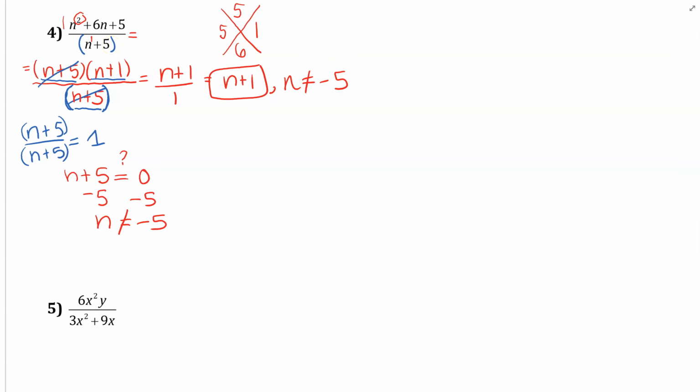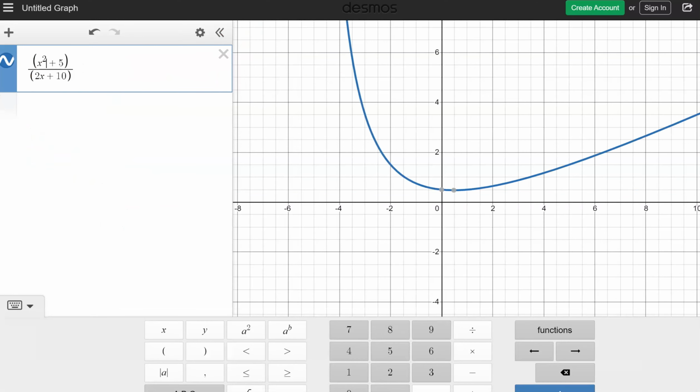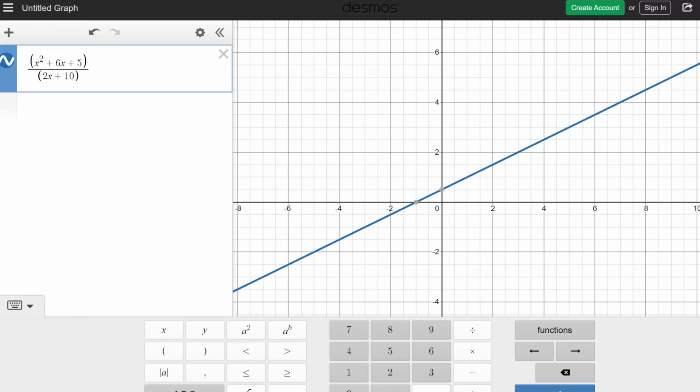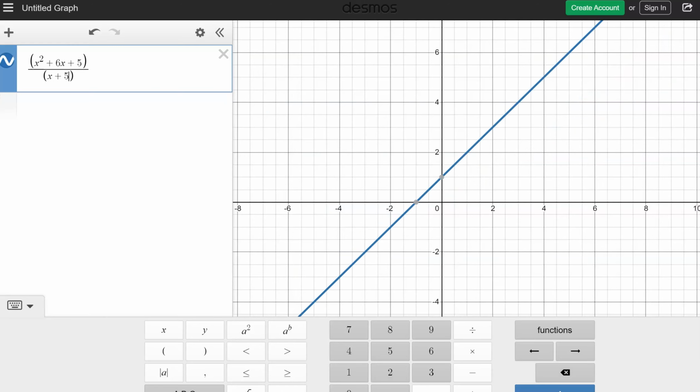So again, we can look at that on Desmos, but I'll be using x instead of n. So it's x squared + 6x + 5, all over x + 5. What you can see is a line, right?